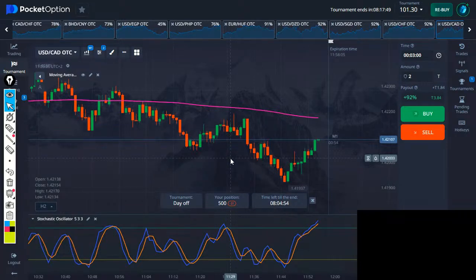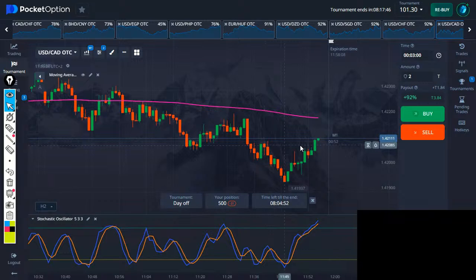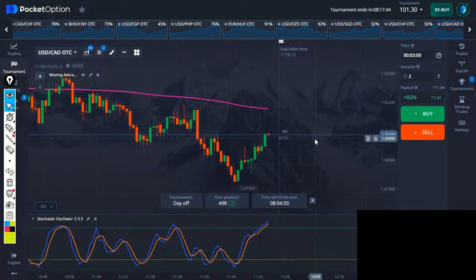The USD Swiss franc was a loss, so you have 3 wins, 2 losses till now.